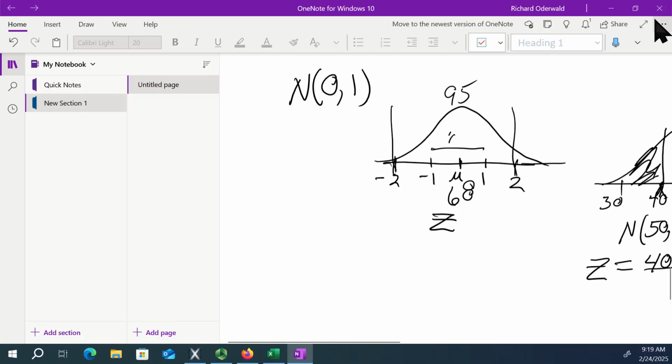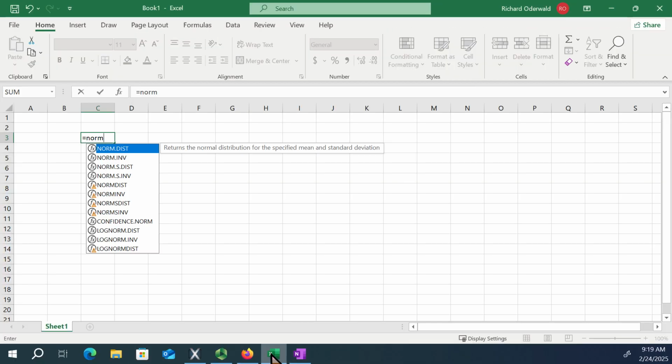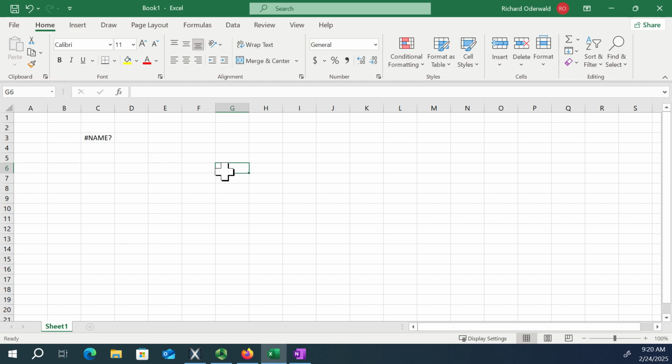All right, look at this first problem here. Bricks are 7.625 inches long with a standard deviation of 0.2 inches. In a pallet of 1,000 bricks, what percent would be expected to be 7.6 inches or less in length?